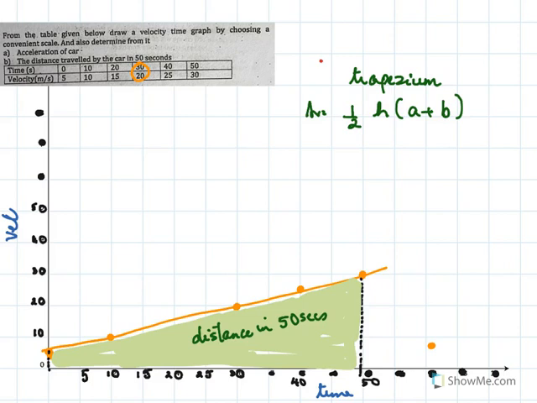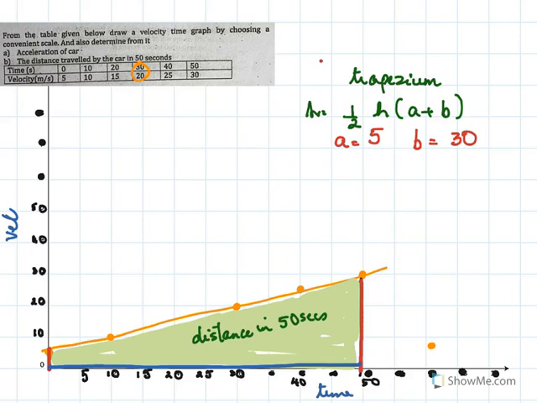Now your a will be here, which is 5. So I'll write a equal to 5. Then we have the b, the two parallel lines, and we see that b is 30, and the height is the distance between the two parallel lines.